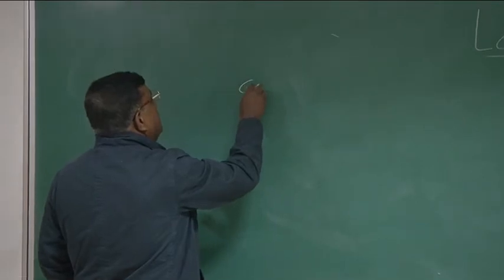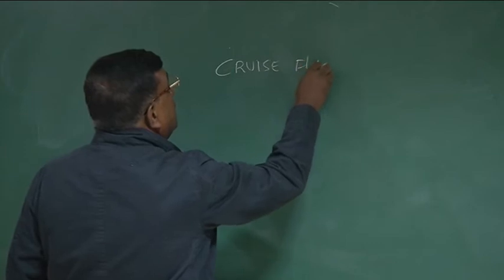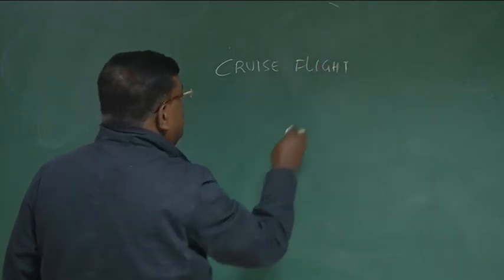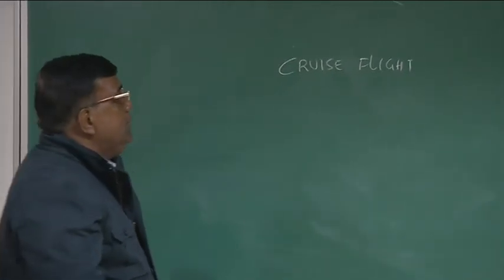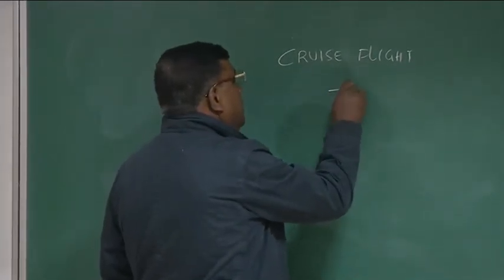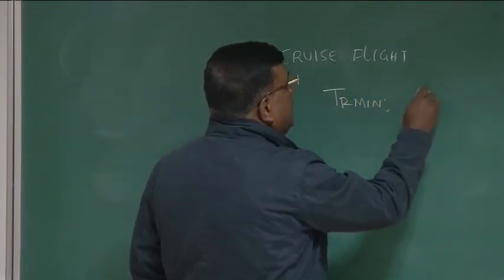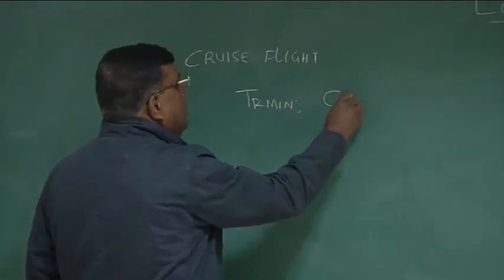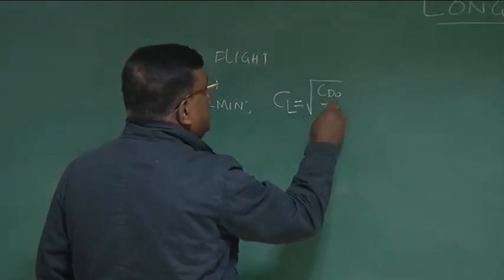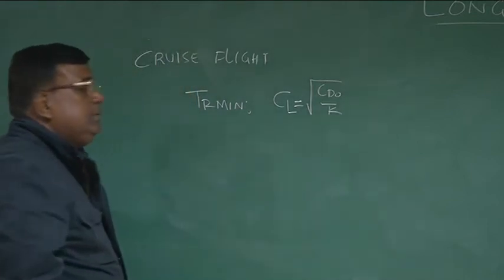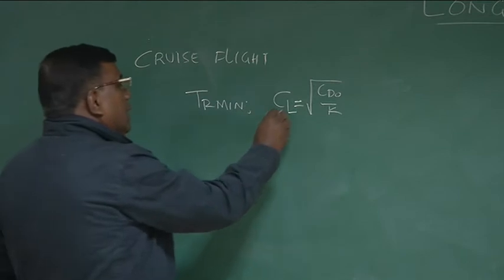Say there's a cruise flight, okay? What CL will you be flying at in cruise? Say, if you say I want to cruise for thrust required minimum, that means you know that I have to fly such that CL equal to CD naught by K, right? This is already known to you from performance. So there is a particular CL, okay?